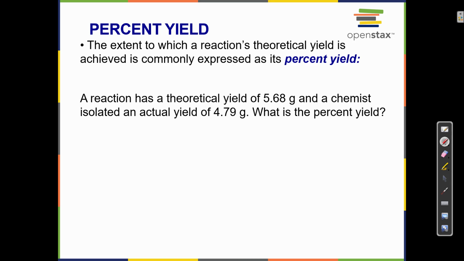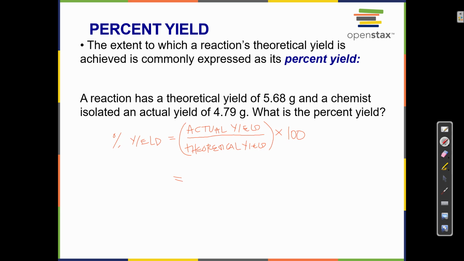So a reaction has a theoretical yield, so the percent yield equals the actual yield, what we were actually able to isolate after the reaction was done and maybe we dropped some or something, over the theoretical yield, times 100.